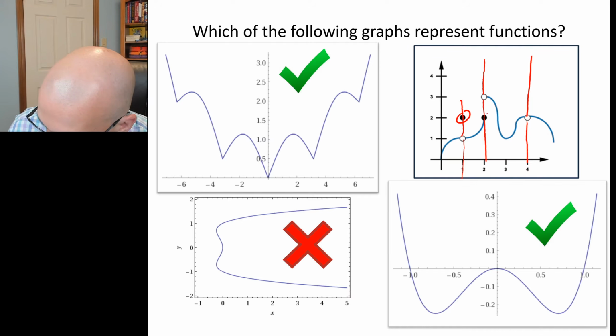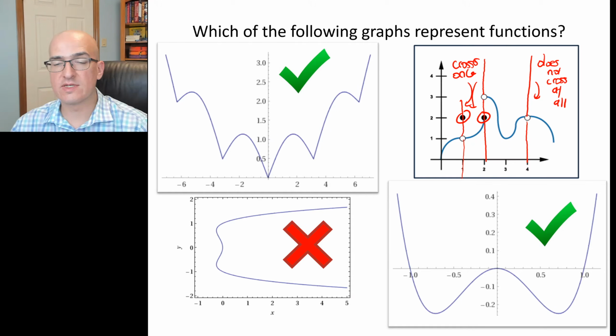So I'll just circle: crosses once, and does not cross at all. So the answer is that this is a function. The vertical line test doesn't trigger a negative response at any of the x values.